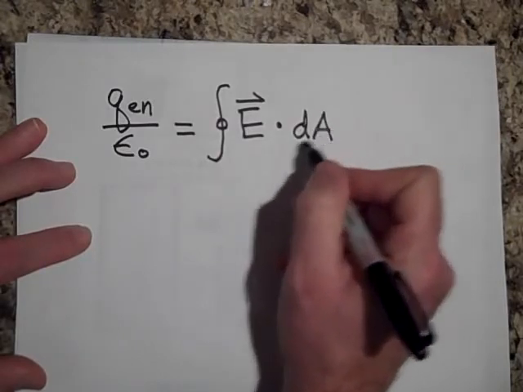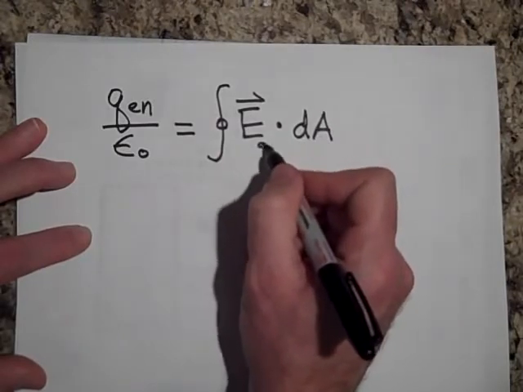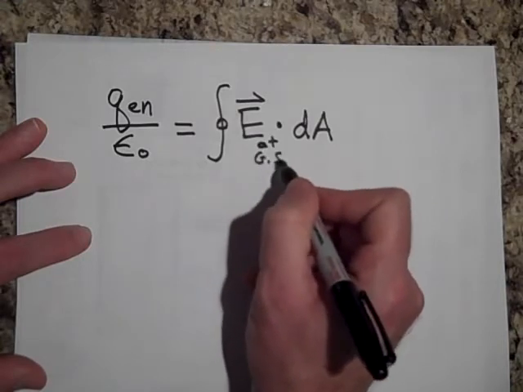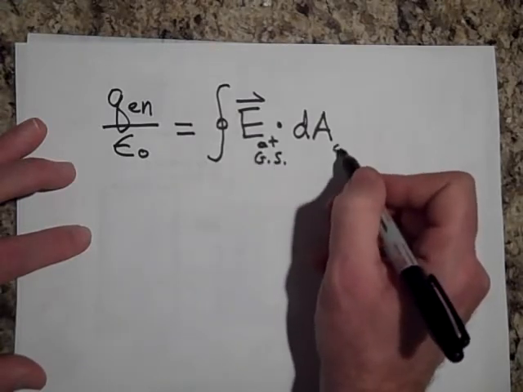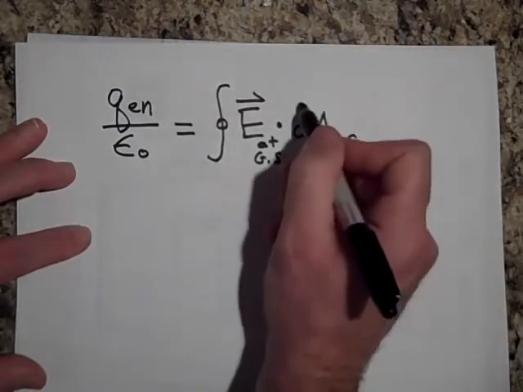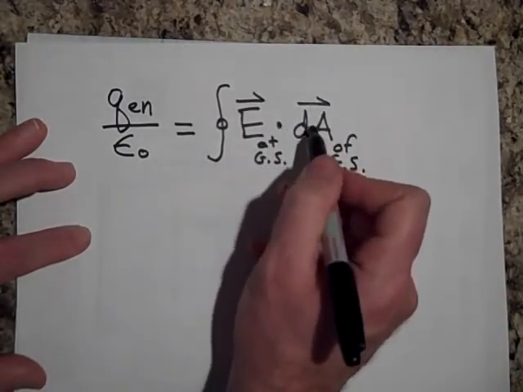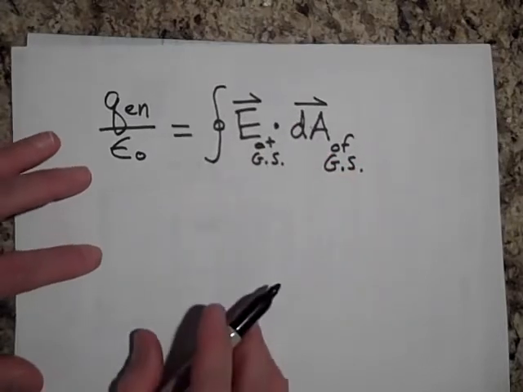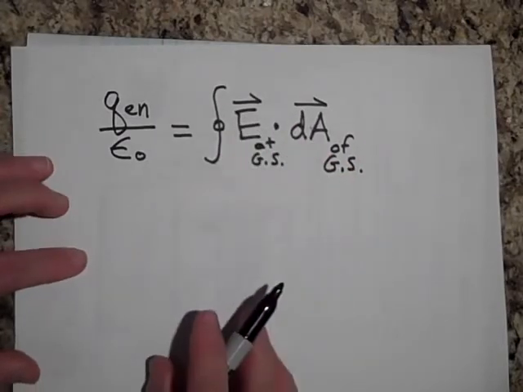And remember, this is the E at the Gaussian surface, and this is the dA of the Gaussian surface. And this is a dot product here, and these are vector quantities.